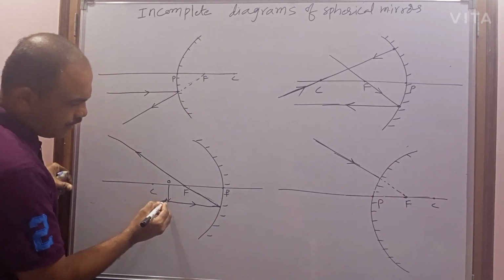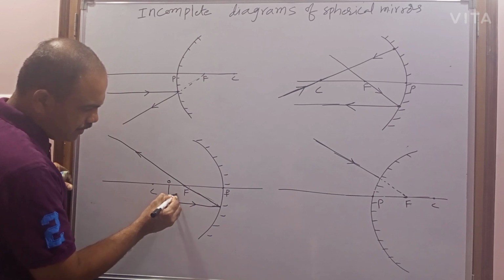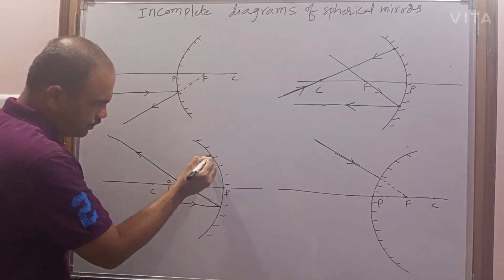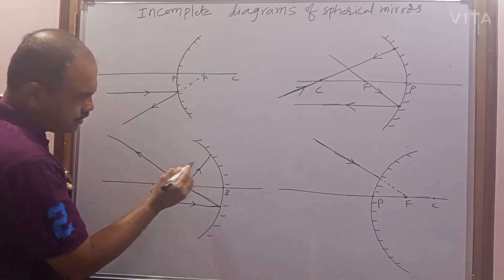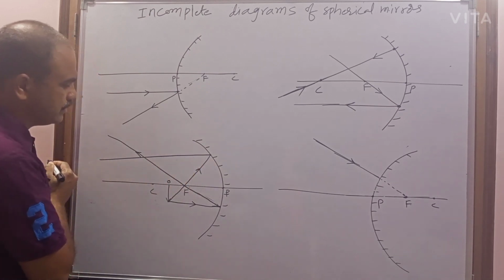Next, I am taking another ray that is traveling in the direction of the focus, or the incident ray passing through the focus. After incident on the concave mirror at a point, after reflection it is parallel to the principal axis.